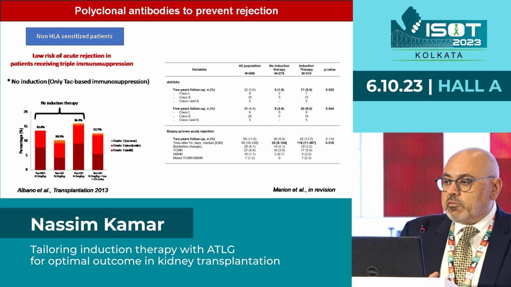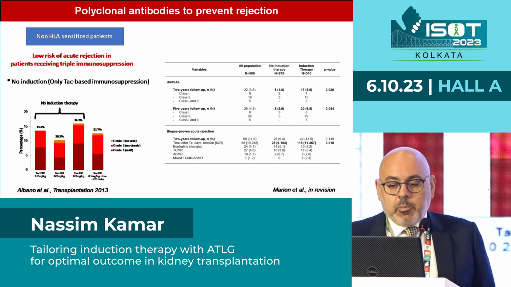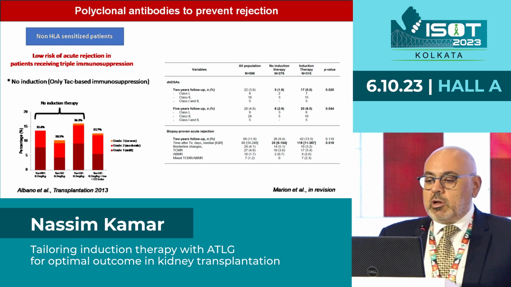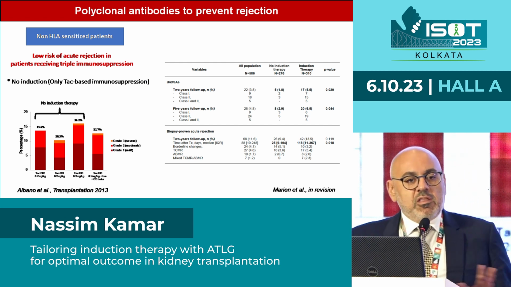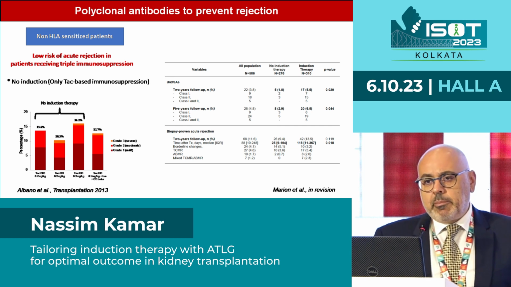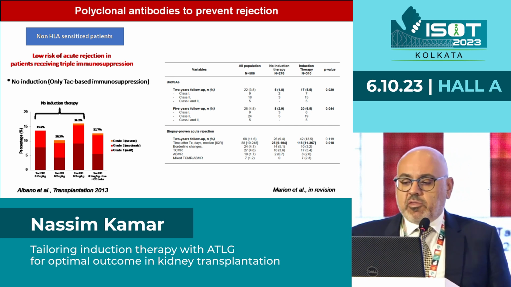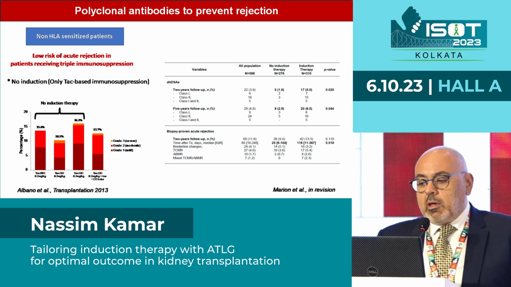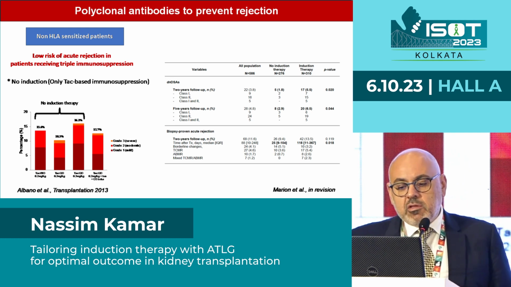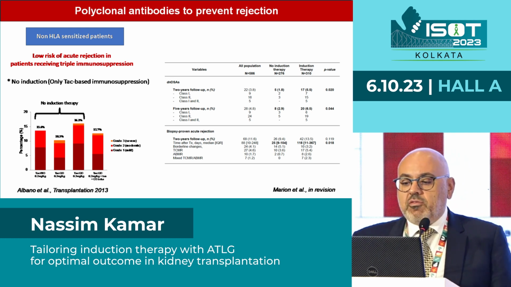On the right part of the slide, you can see a paper of our group that is now under revision, where we looked retrospectively at nearly 600 patients without any induction therapy. All of them were non-HLA sensitized, and you can see that after 2 years, the incidence of DSAs was very low.